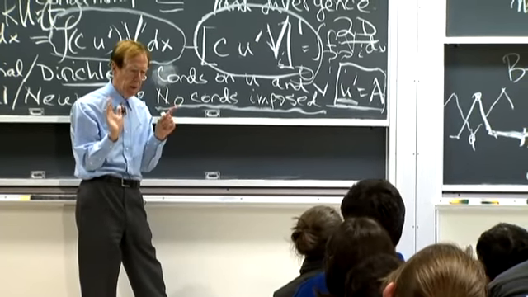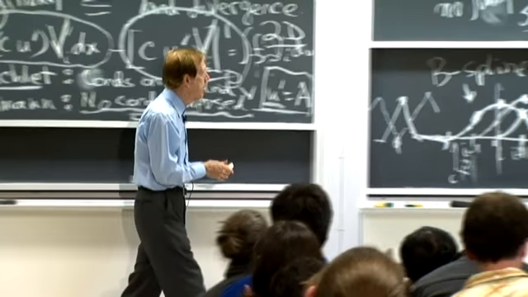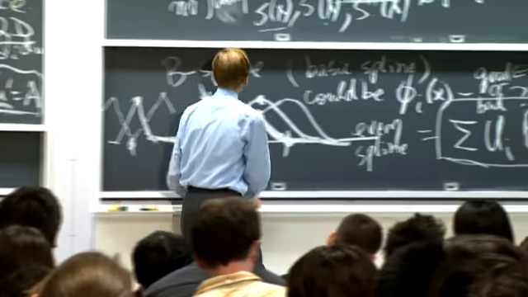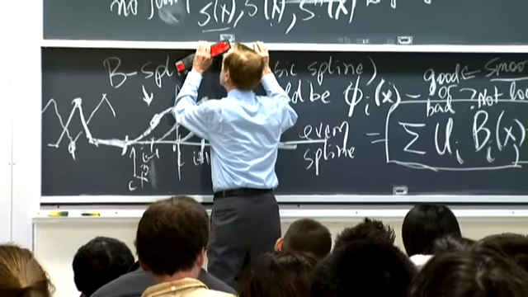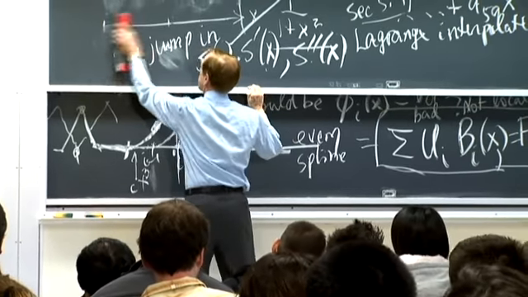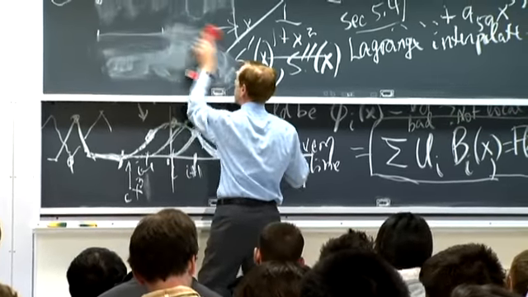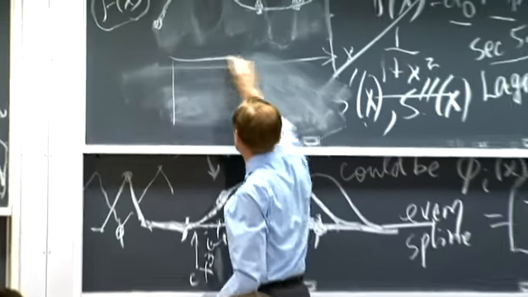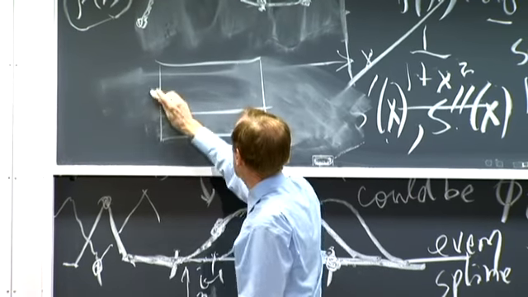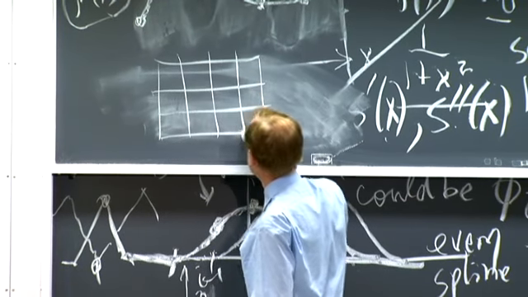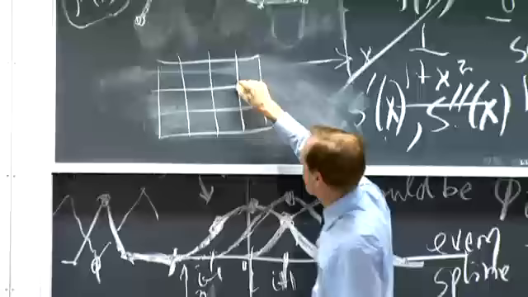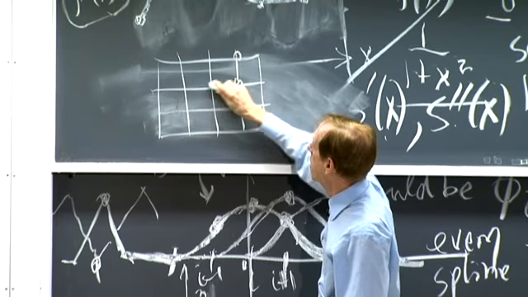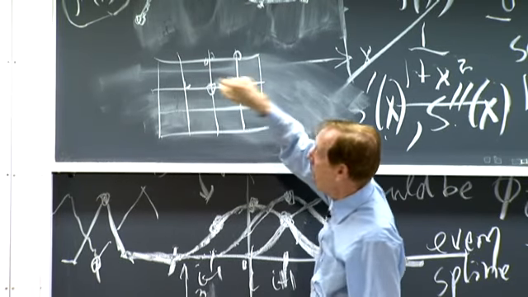Suppose there are 2 dimensions, I have a nice grid, and at every grid point I have a height.